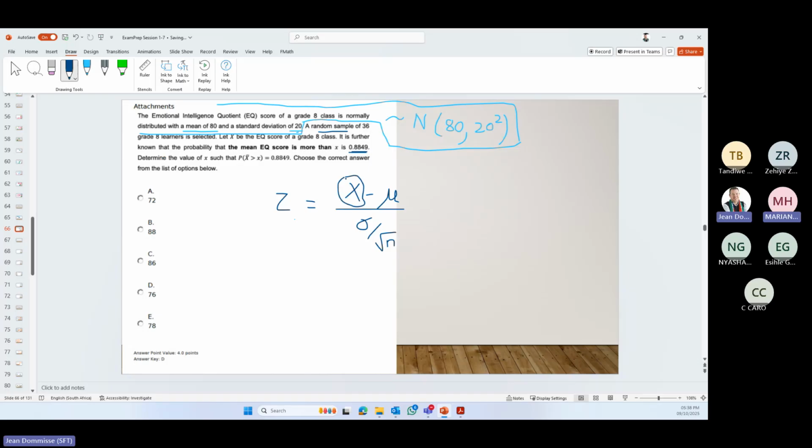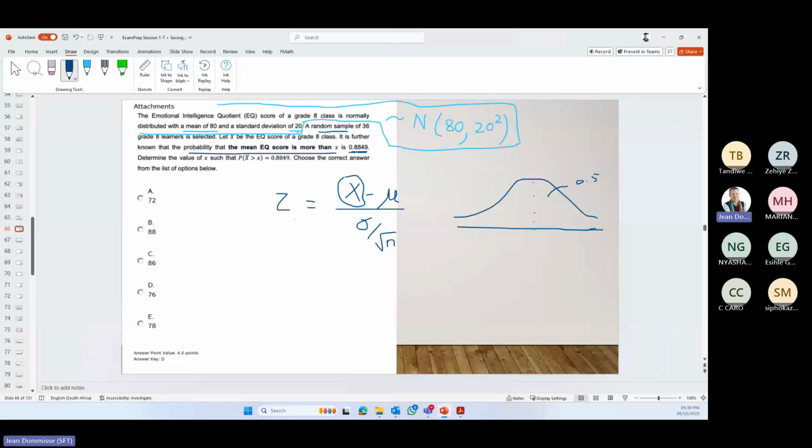So they tell us that if we look at this, the probability that the score is more than x is 0.8849. So let's just, on this side, 0.5.